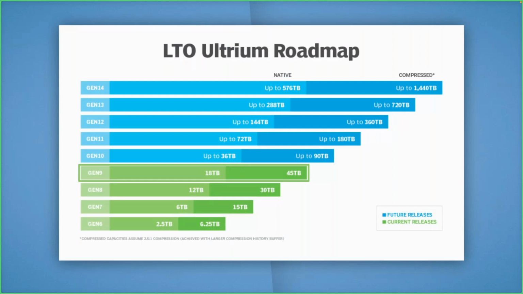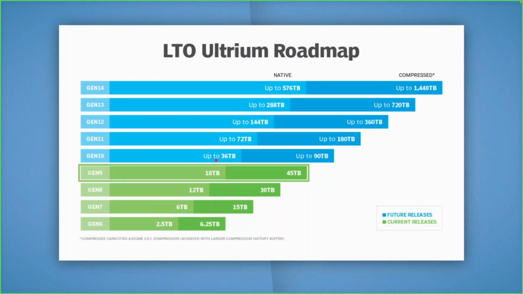The LTO roadmap is shown here. So we're currently on Gen 9, where we get 18 terabytes per tape of uncompressed data. So even if your media files are already compressed, you can get 18 terabytes of those on one small tape cartridge.